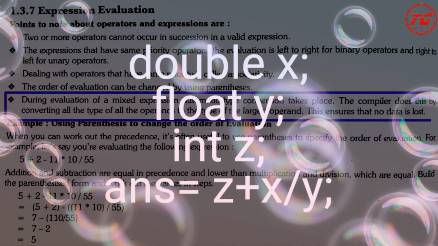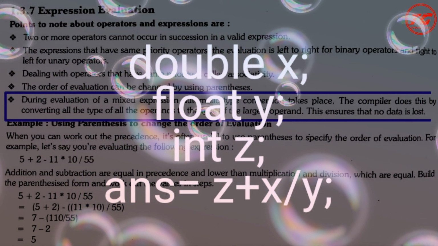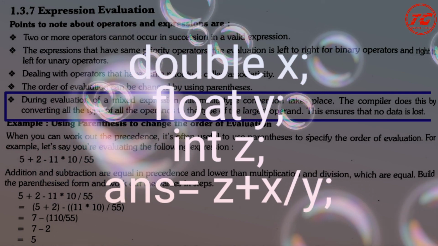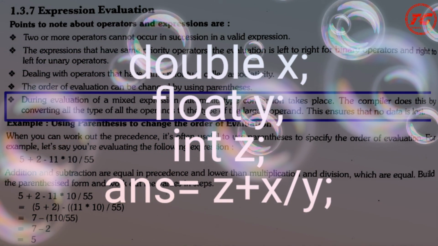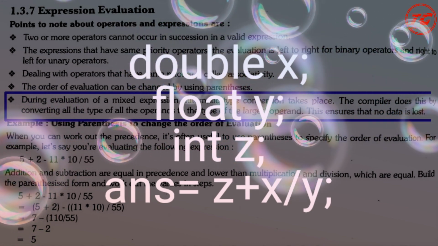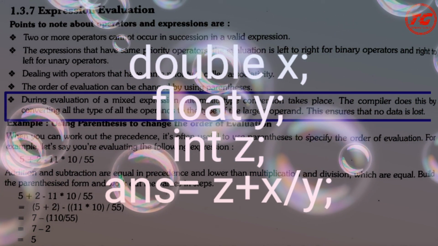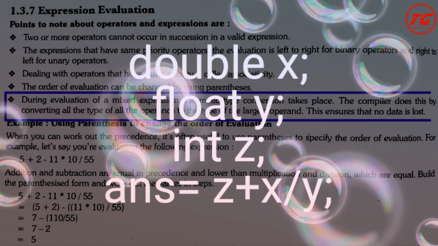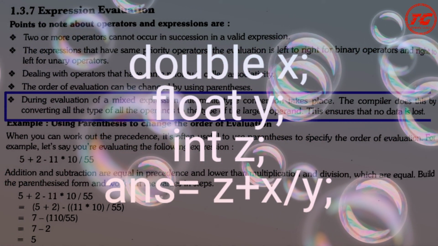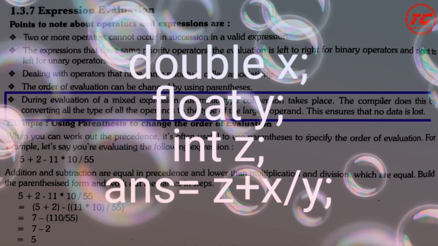For evaluating such an expression, we use the largest data type for storing the data, so that no data is lost. For example, we have a double x, a float y, and an integer z. Now I am calculating z plus x over y.